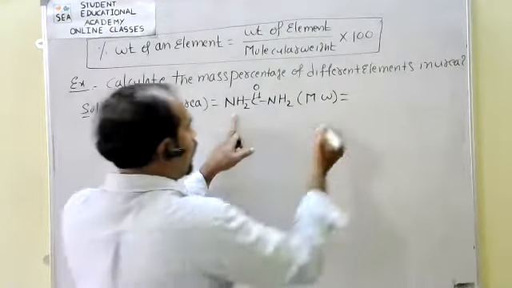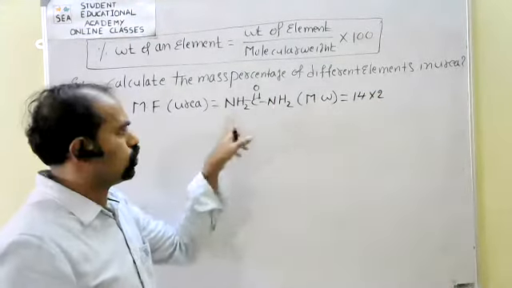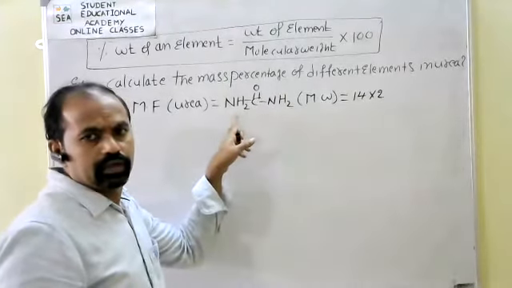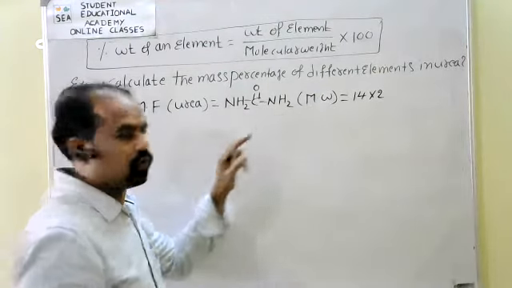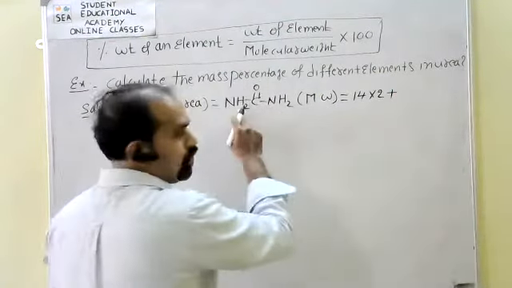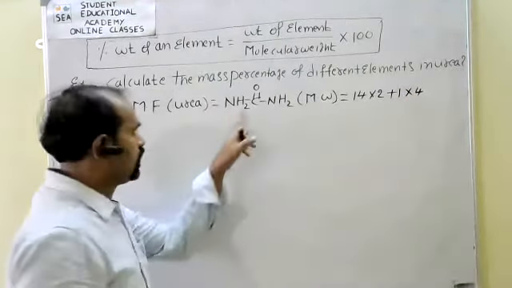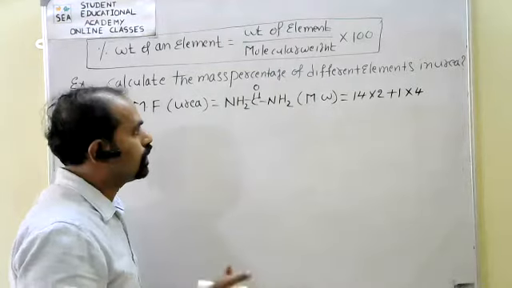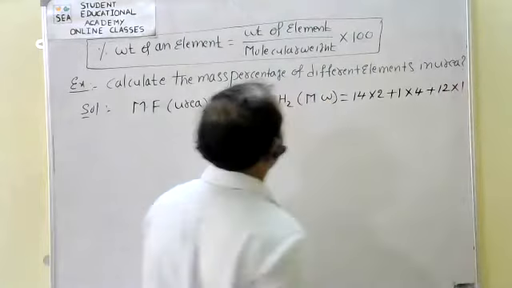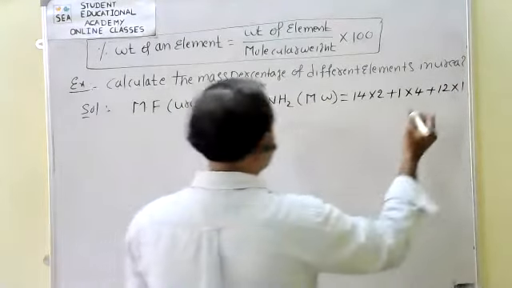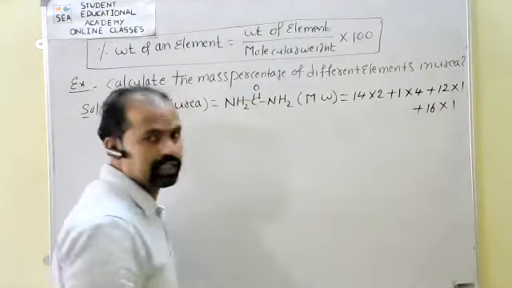Nitrogen 14 into the total number of nitrogens, which is 2, plus hydrogen atomic mass 1 into the total number of hydrogens, 4, plus carbon atomic mass 12 into the number of carbons, 1, plus oxygen atomic mass 16 into the number of oxygens, 1.